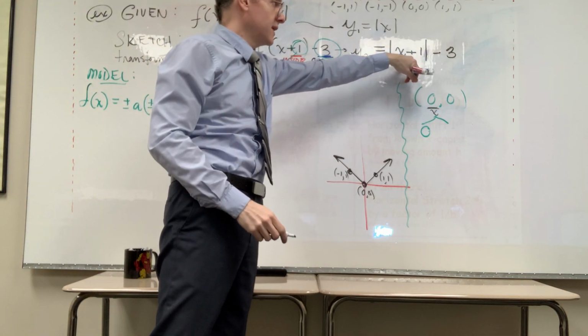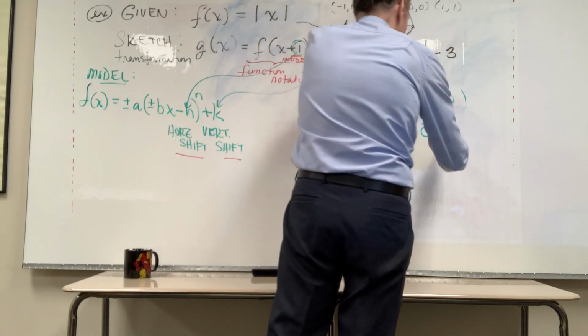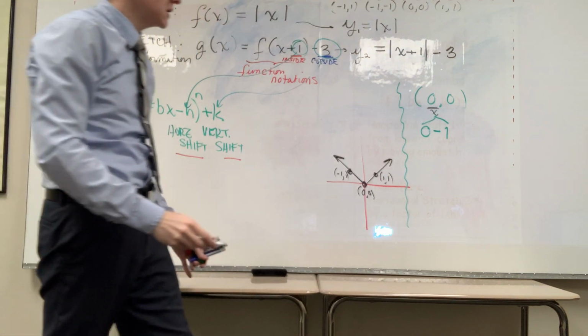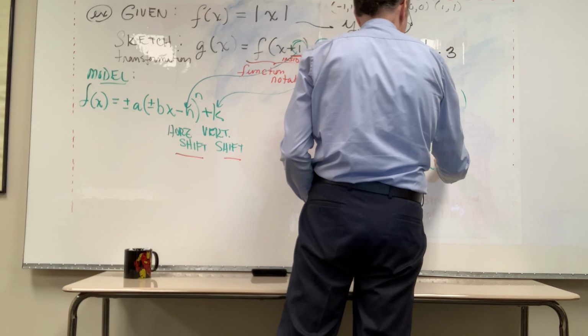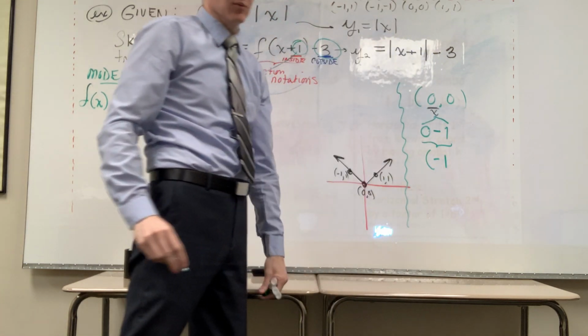Now remember, it's positive 1, so it's counterintuitive. So you technically would subtract 1 to figure out what the actual value is. So that means that x is negative 1 instead. It goes from 0 to ultimately negative 1.